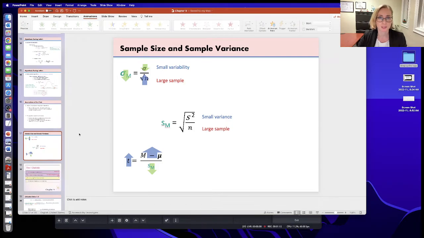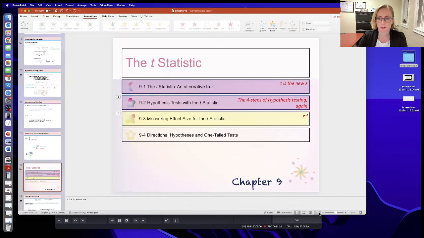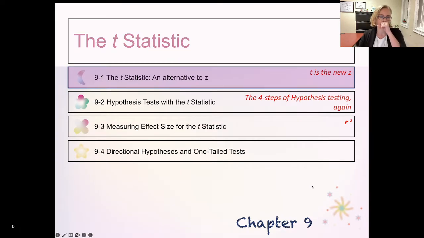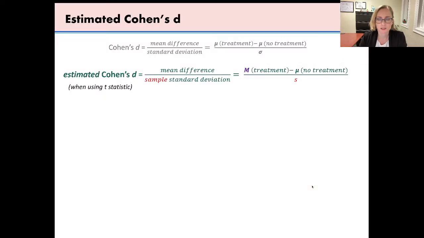We talked about how sample size and sample variance affect the T statistic as well as the estimated standard error. So let's talk about the effect size. Just like with hypothesis testing that we had set up for z-scores, we have an effect size that we can measure for the T statistic.